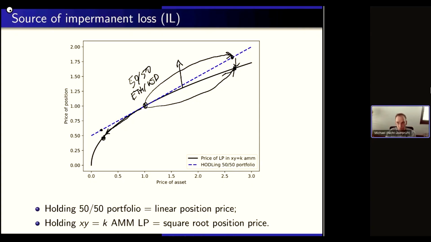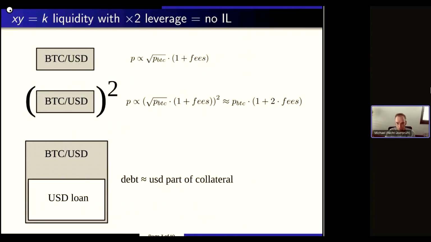Anyway, is it possible to solve this problem? And actually, the answer is yes. So let me explain how. Imagine that you have crypto, let's say BTC, like wrapped Bitcoin, and USD stablecoin. So if you put your liquidity in liquidity pool, the price of your LP token is apparently proportional to square root of crypto price, right?